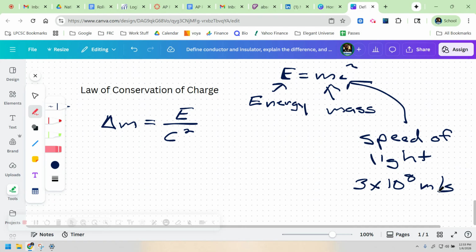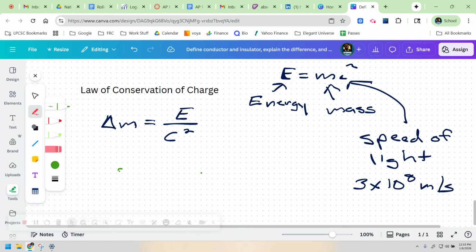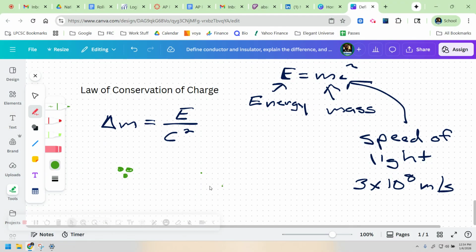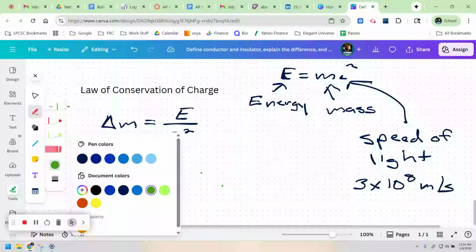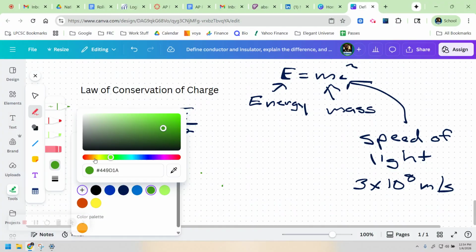Because essentially you have a bunch of protons in the nucleus of an atom, and you also have the neutrons, which we'll make orange.